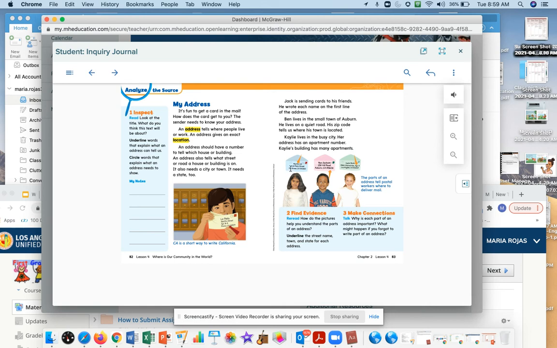What city does this little girl live in? It says Montrose. So the city needs to go on the bottom. So you have to put the city and then you put the state. The state is California. So that is where she lives, in the city of Montrose in the state of California.